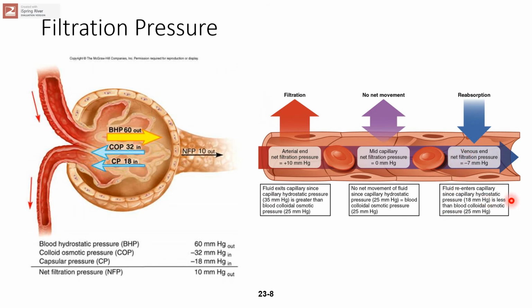Okay, so in the venous end, the hydrostatic pressure is less than the blood colloidal osmotic pressure. Okay, and that amounts to a negative net filtration pressure. Okay, so for your purposes, understand that the net filtration pressure is 10 mm of mercury, and understand why that happens, and understand what are the forces that cause the net filtration pressure to be 10.